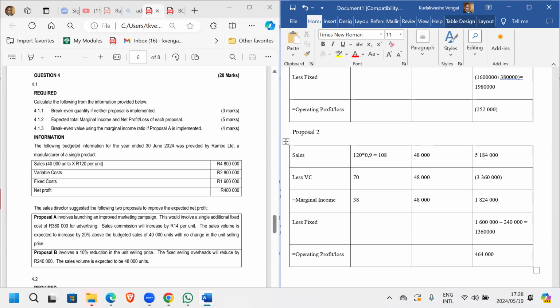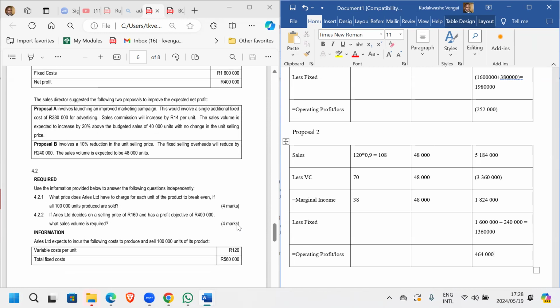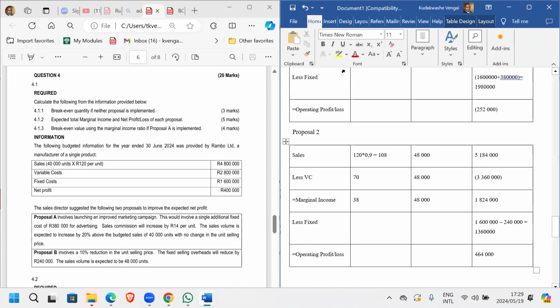So proposal number 2 gives us an operating profit. So which means it is a good proposal for us to implement as an organization. So that's how you would have answered question 4.1.2.